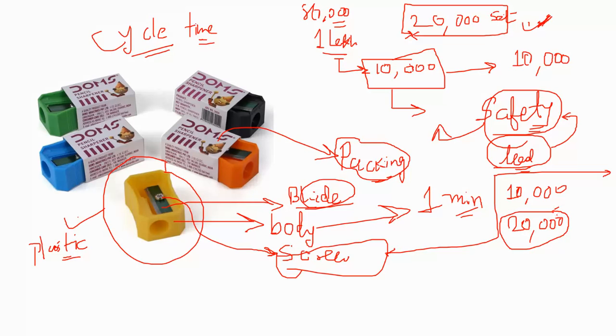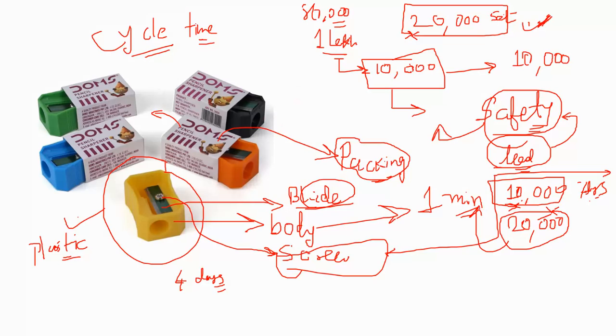From my previous experience, I have data that the blade, the screw and the box come from three different suppliers, and combined their lead time will be 4 days. So I have sufficient stock, and I have 10,000 quantity remaining, which will last 7 days. So I am not worried about it. I will wait for the next 20,000, and I will procure it through material requirement planning.